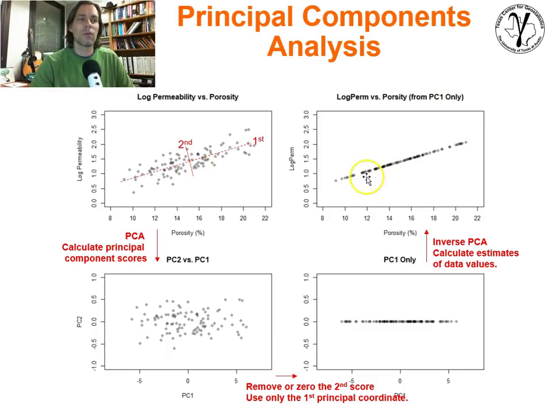And we're back here in the original data space, the same data space, but now we have a reduced dimensionality model. We can describe the porosity log permeability relationship with a single variable along this axis. And so our problem has gone from 2D to 1D with this principal component.